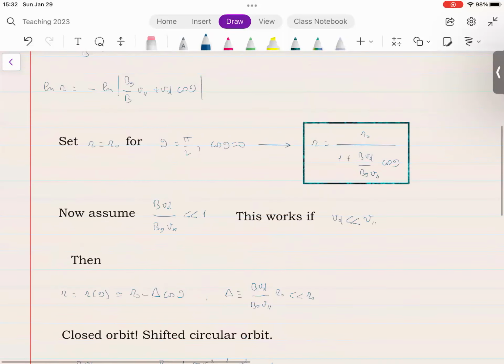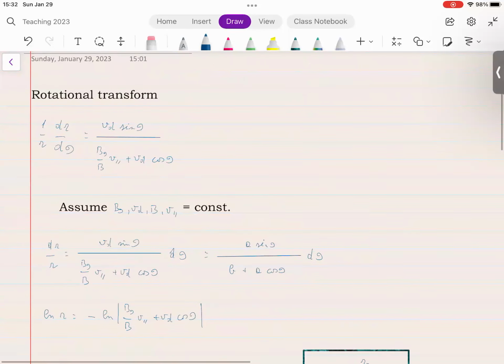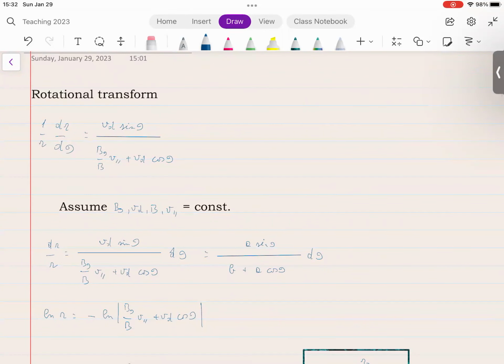And what really made all the difference was what we call the rotational transform, that is the fact that magnetic field lines rotate around the torus in both poloidal and toroidal direction.